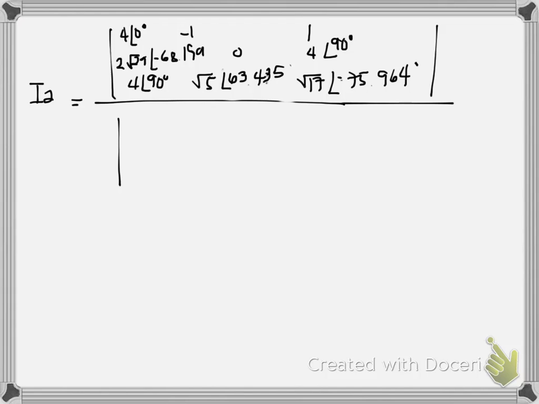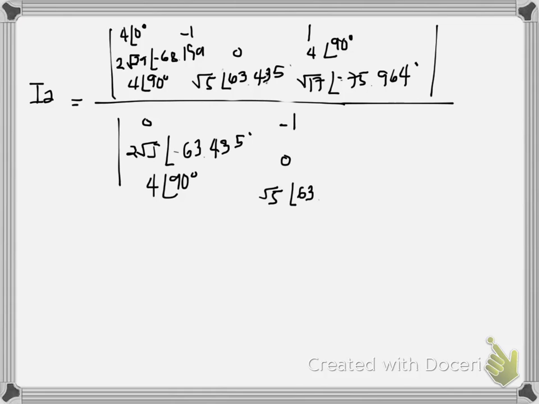And the determinant we have 0, 2 square root of 5 angle negative 63.435 and 4 angle 90; negative 1, 0, square root of 5 angle 63.435 and 1, 4 angle 90 and square root of 17 angle minus 75.964.